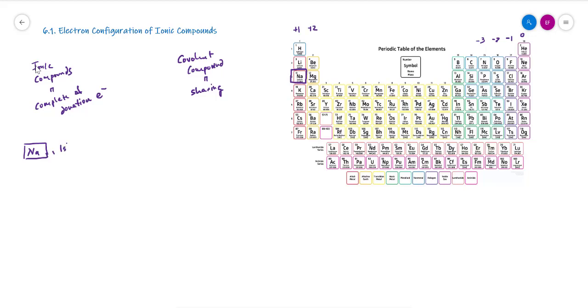We've got 1s2, 2s2, 2p6, so those are all full, and then for sodium we drop down to n equals 3, so that fills up the first half of the 3s orbital.